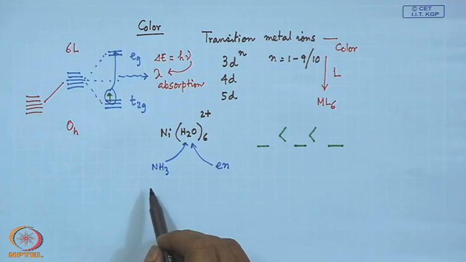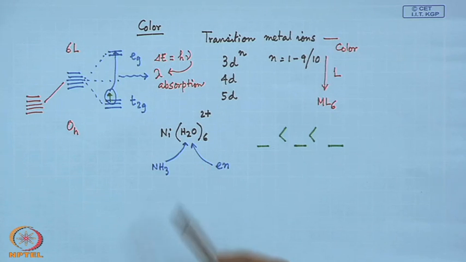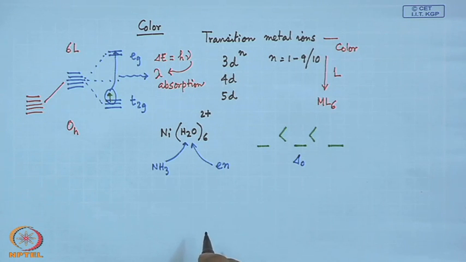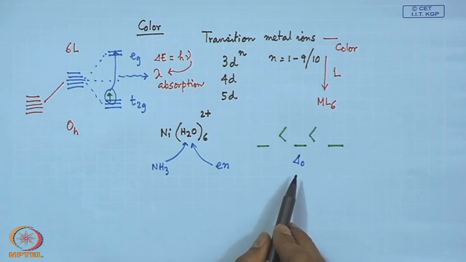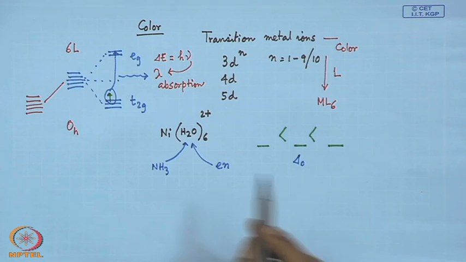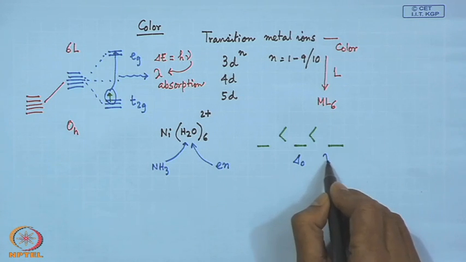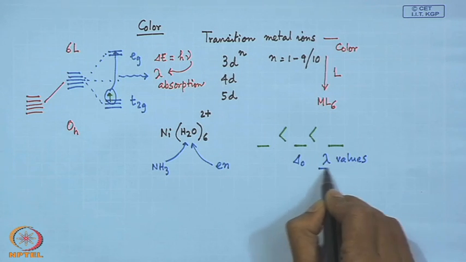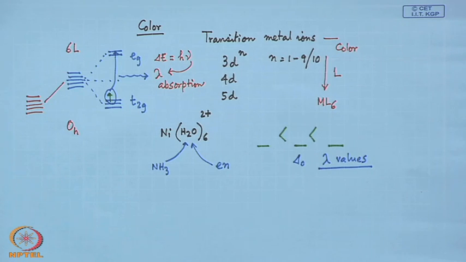So, as we go on changing the ligands, we are able to change the delta O, that means the crystal field splitting we can monitor, and therefore, we have different lambda values for one particular transition related to one color.